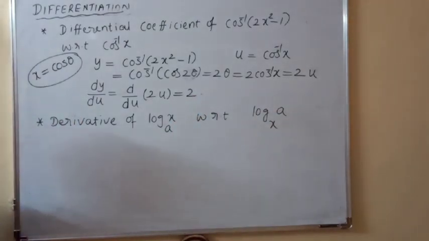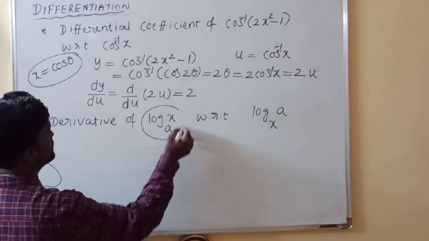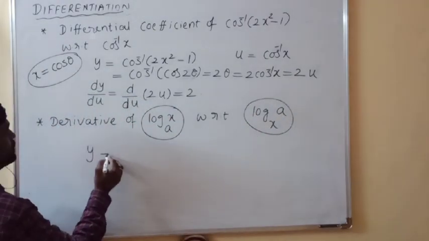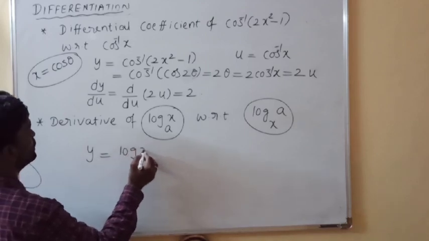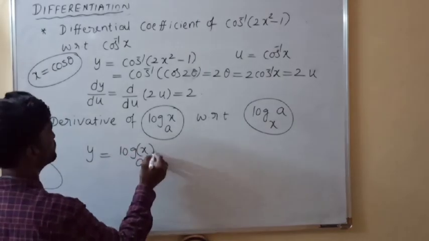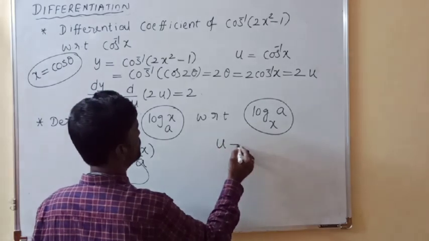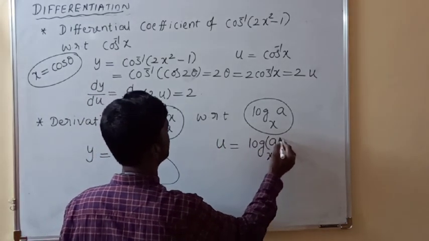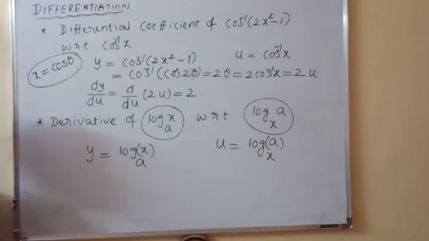Okay. Next, same here also, take this as y and this as u. So y is equal to log x to the base a, and u is equal to log a to the base x. So we know that d by dx of log x is equal to 1 by x. There, log x means log x to the base e.